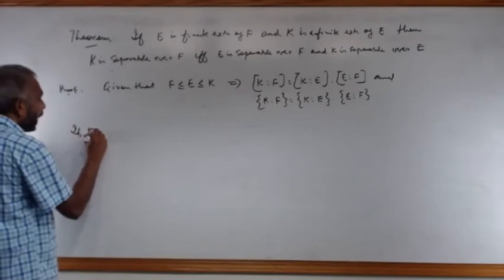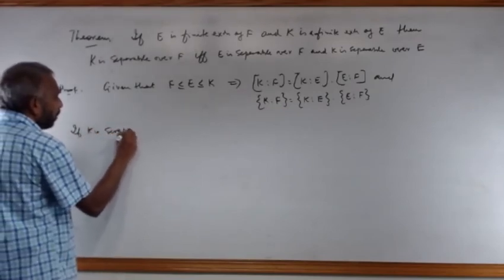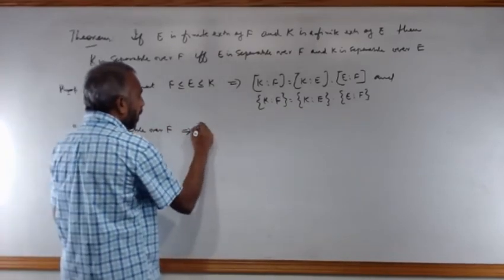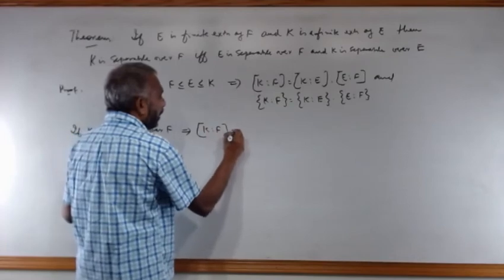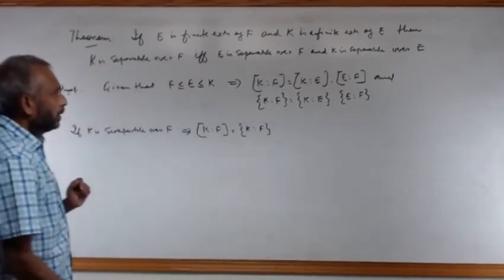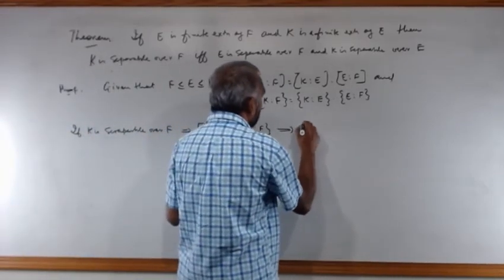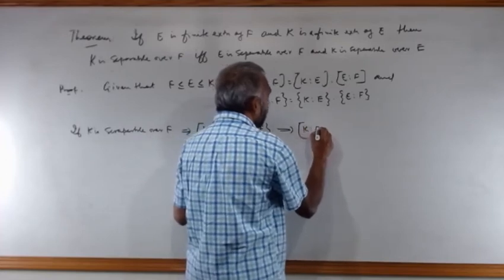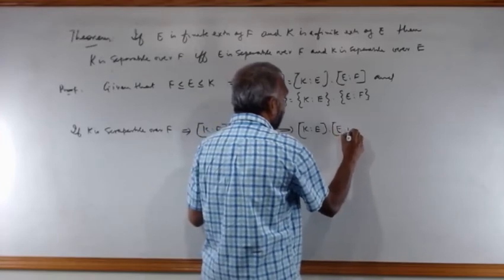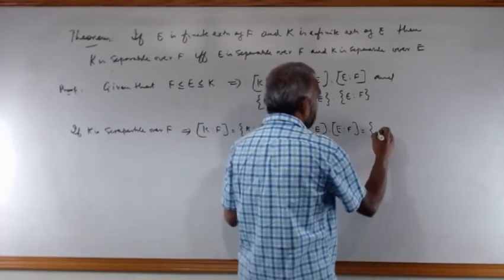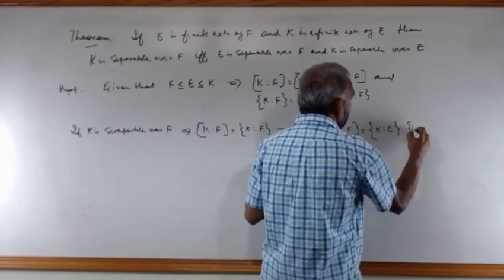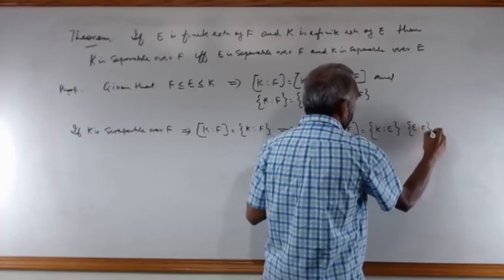If K is separable over F, this implies [K:F] is equal to the index {K:F}, and that means [K:E][E:F] is equal to the index {K:E}{E:F}.